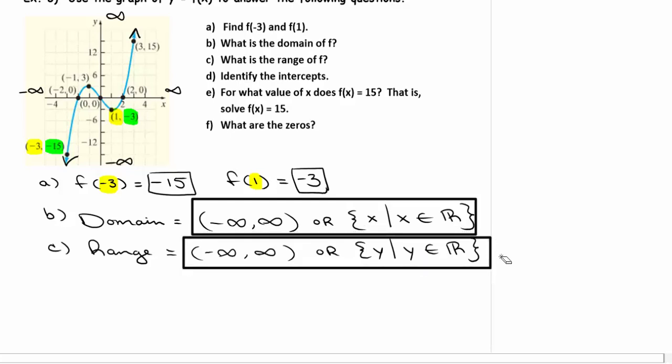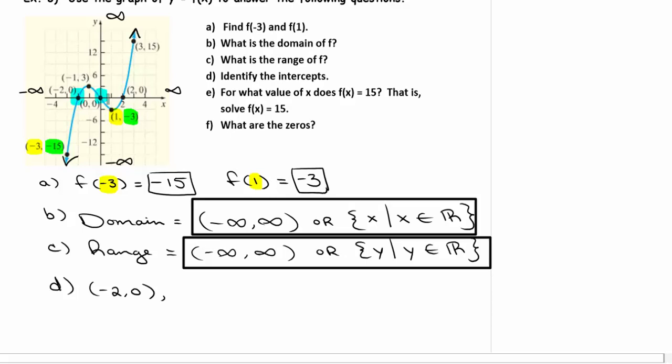Much, much better. D, identify the intercepts. They didn't specifically state to write out which one was the y or which one was the x. So I'm just going to go ahead and list out the intercepts. One of the intercepts is going to be right here. This is going to be at negative 2, 0. That's one of the x-intercepts. The other intercept is going to be right here.